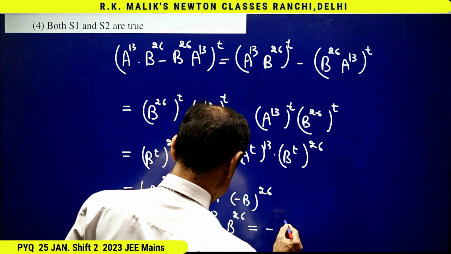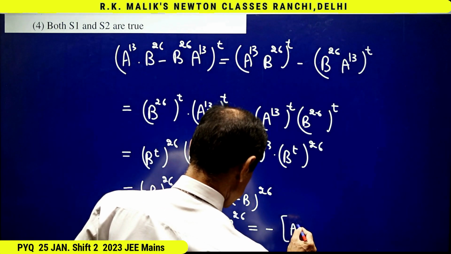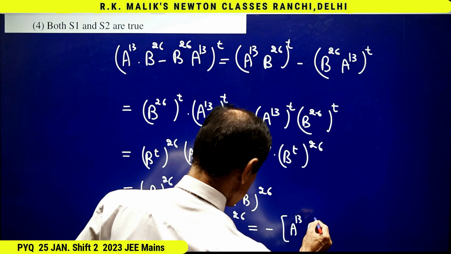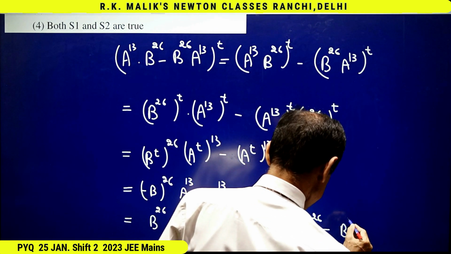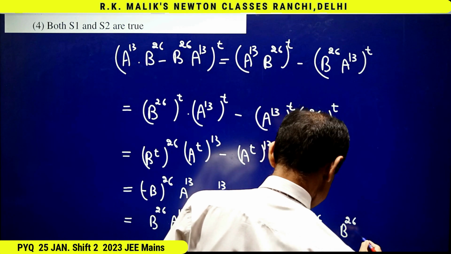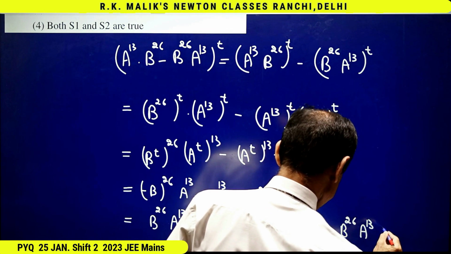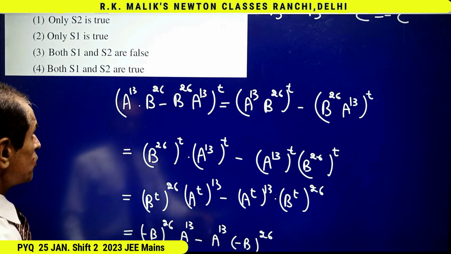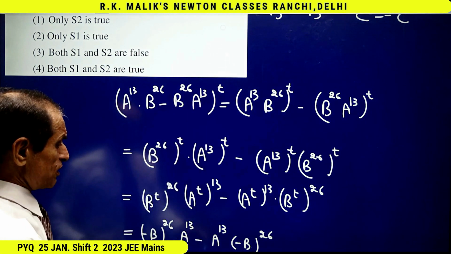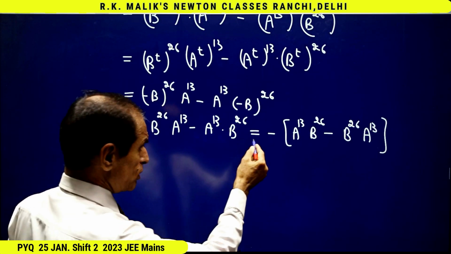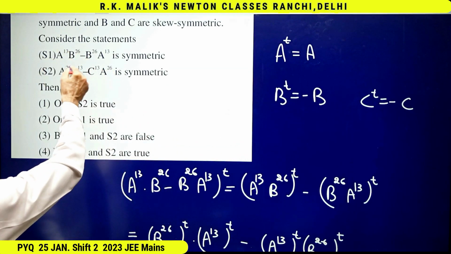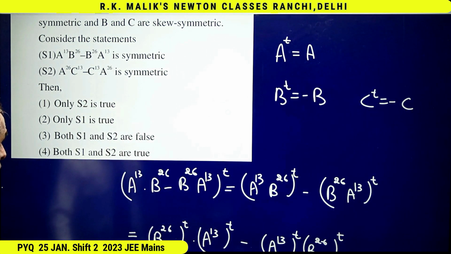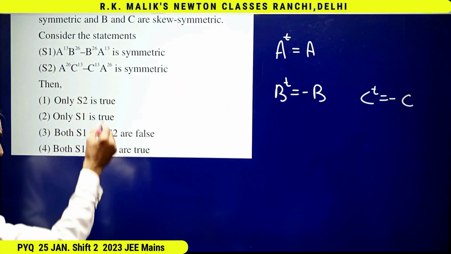That is equal to minus of (A to the power 13, B to the power 26 minus B to the power 26, A to the power 13). That is, we have got the transpose of this matrix equal to negative of this matrix. Hence I can say this is skew symmetric matrix. Therefore S1 is false.